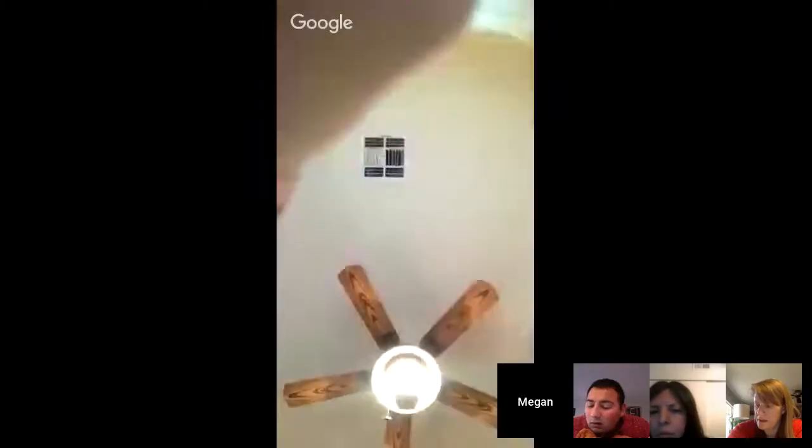So 160 minus 150.8 is 9.2, divided by the standard deviation, 8.8, over the square root of 5.